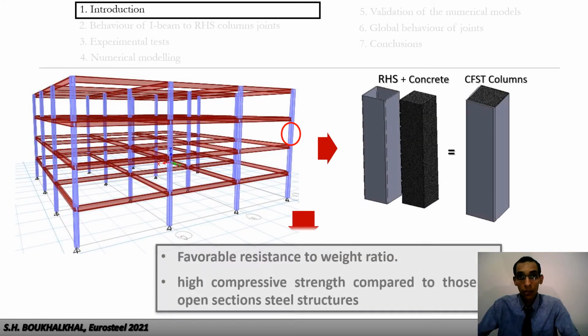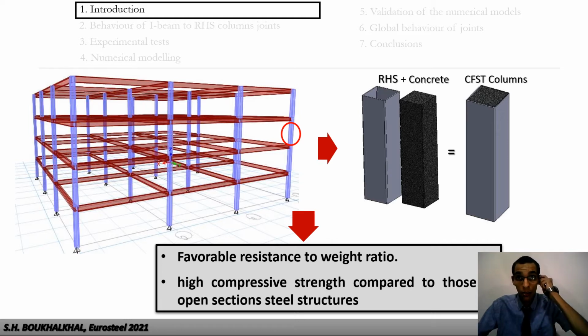In multi-story steel structures, the application of tubular profiles with or without infill concrete is interesting because of their advantageous properties, such as strength to weight ratio and their efficiency as a completion element.